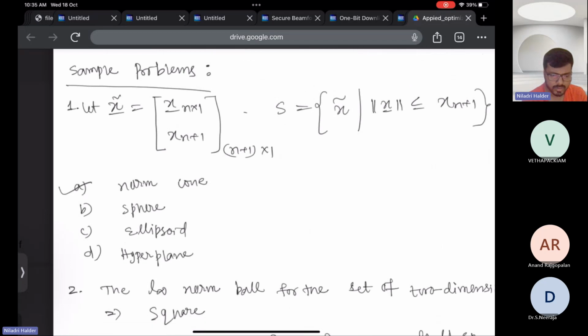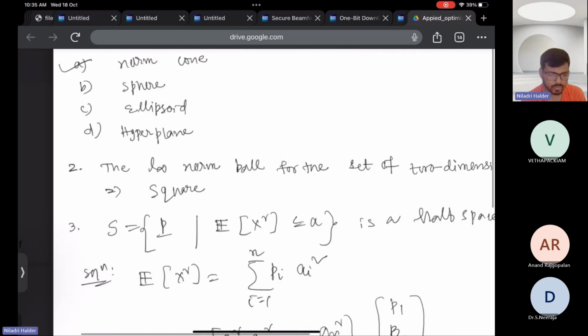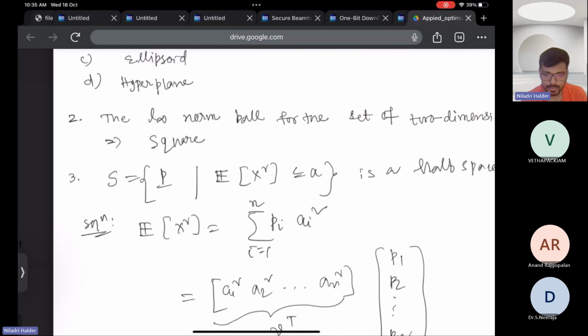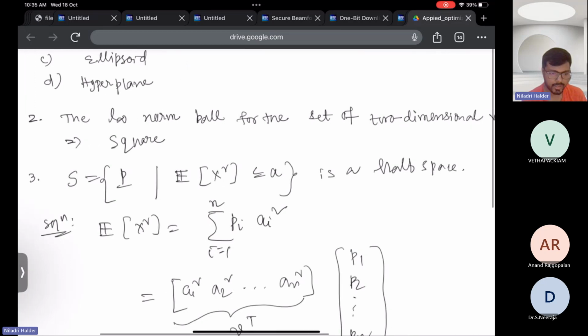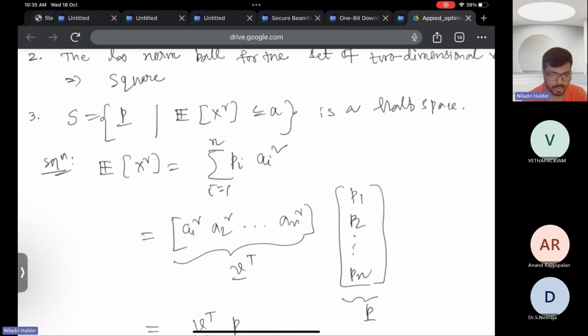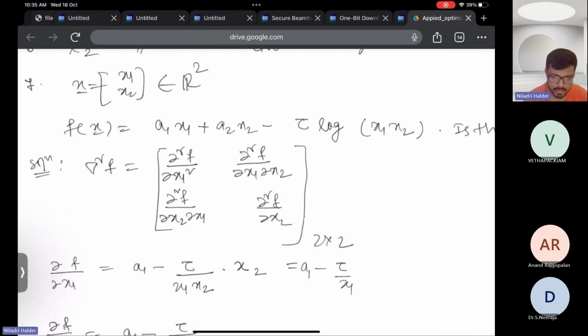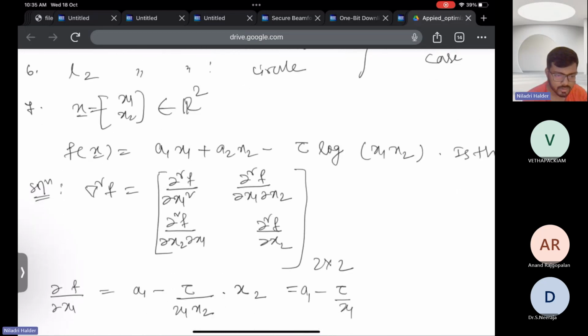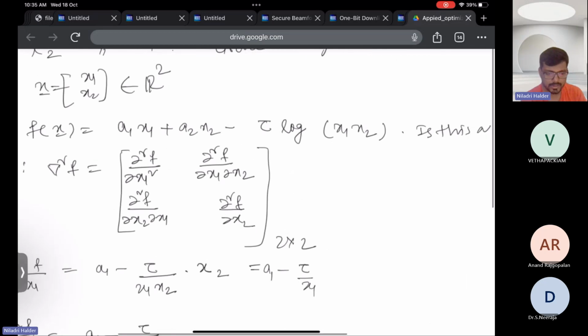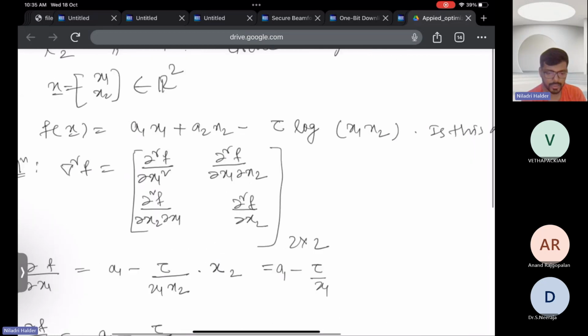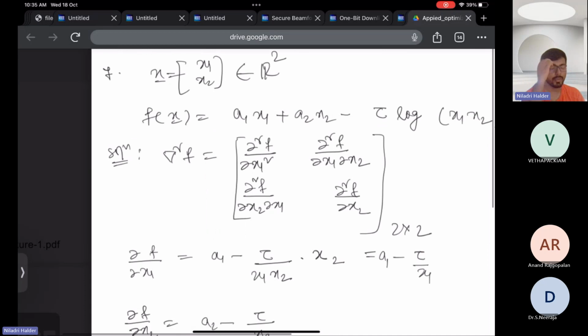Then sample problem. So this is the norm cone. Then the L infinity norm ball of the set in two dimensions is a square. So that is a square. So this is for the seventh question. We need to show whether this is a convex function or not. That means we need to find the Hessian and show that it is positive semi-definite.